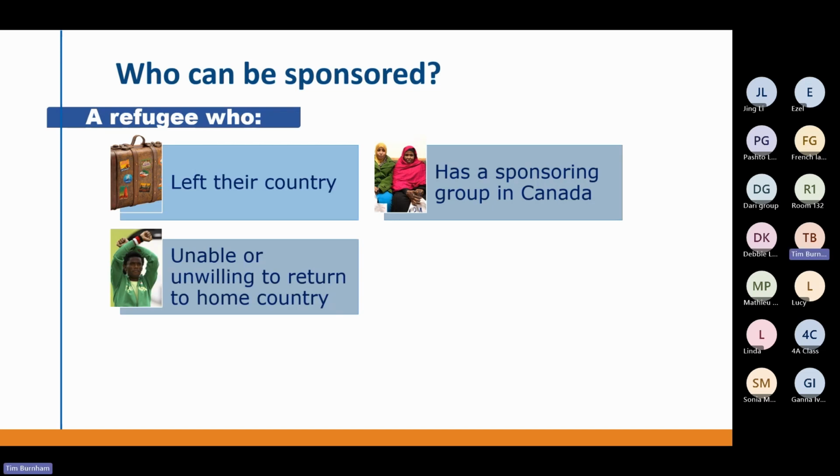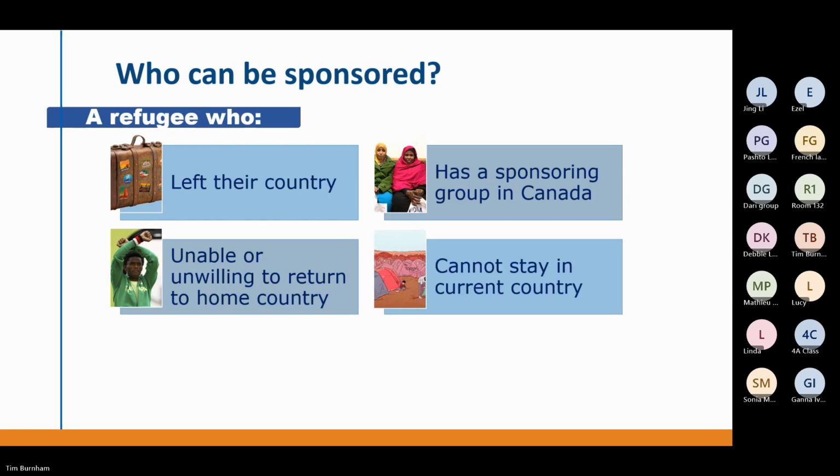The third is that they're unable to return to their home country. Also, they cannot stay in the current country where they live.